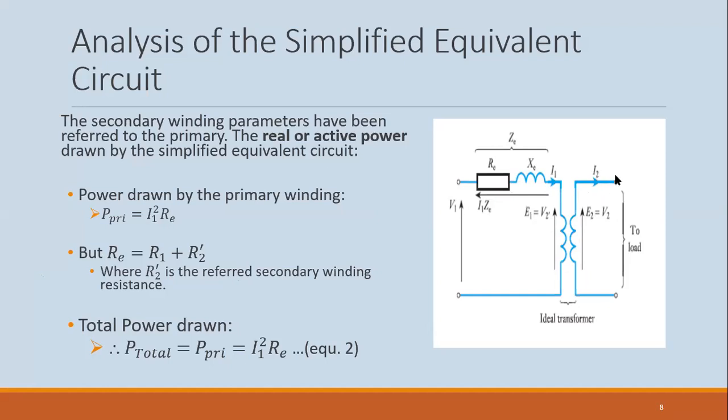So we move the secondary windings and put them over onto the primary. But we could just have moved the primary windings and put them over on the secondary. It really doesn't matter which side you put it on. We have chosen to move the secondary over onto the primary, and you will find most problems in textbooks asking you to do something like that.